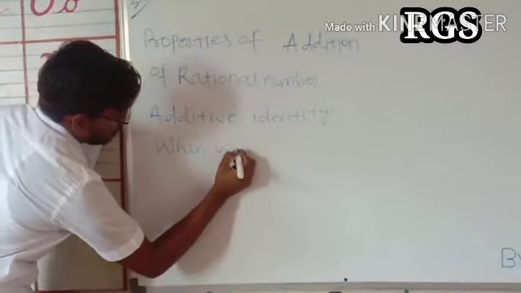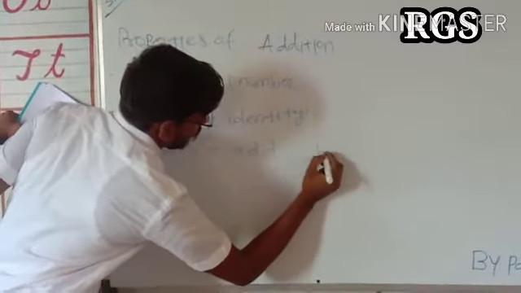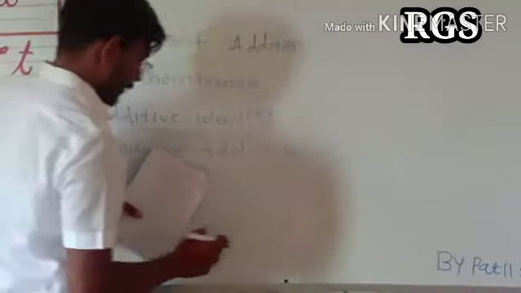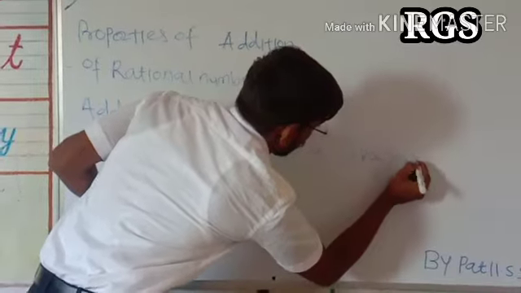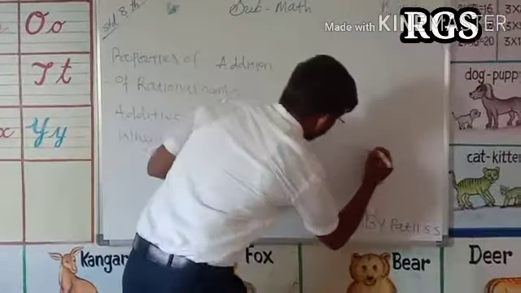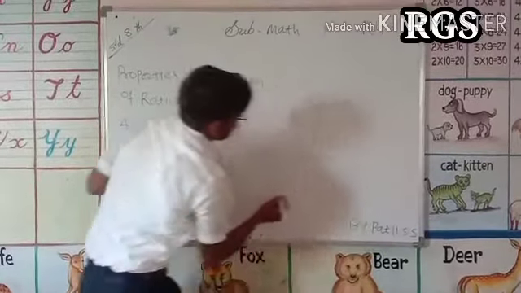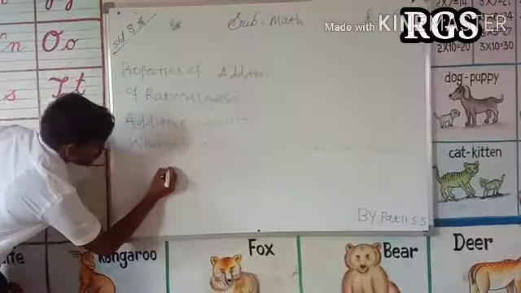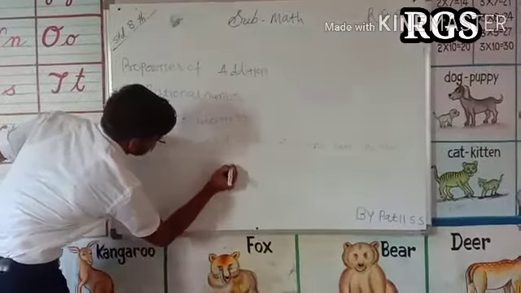When we add 0 to any rational number a, then the sum is the rational number itself.